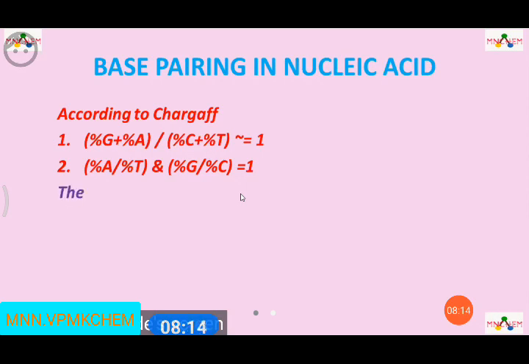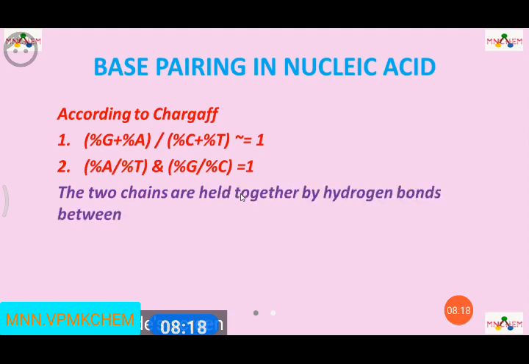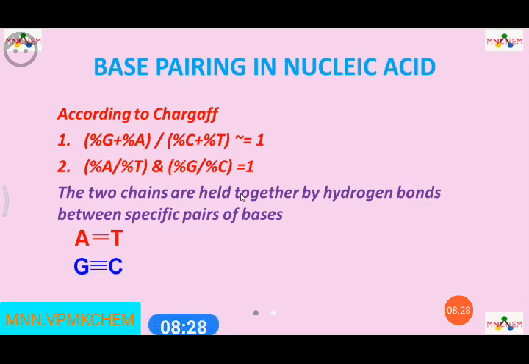It means that the two chains are held together by hydrogen bonds between specific pairs of bases: the number of adenine is equal to the number of thymine in the DNA, whereas the number of guanine is equal to the number of cytosine.